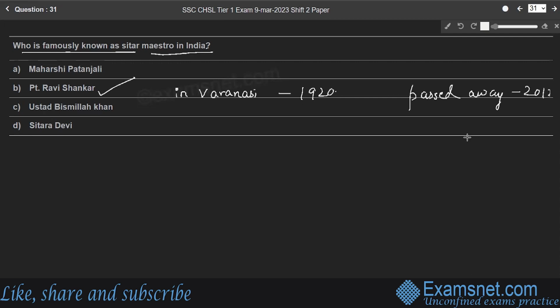He was known for popularizing Indian classical music in the West and was a major influence on psychedelic rock music in the 1960s. He collaborated with a number of Western musicians, including George Harrison of the Beatles, and was awarded several prestigious awards during his lifetime, including the Bharat Ratna, India's highest civilian award.